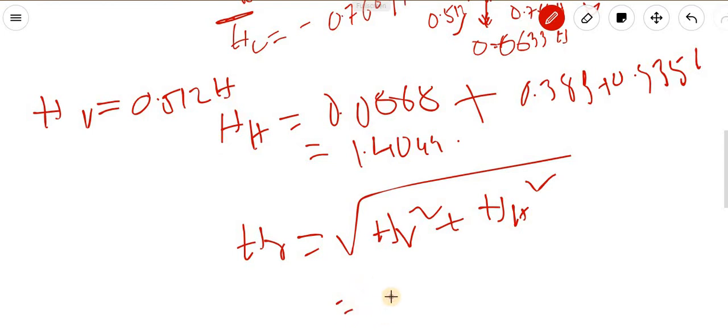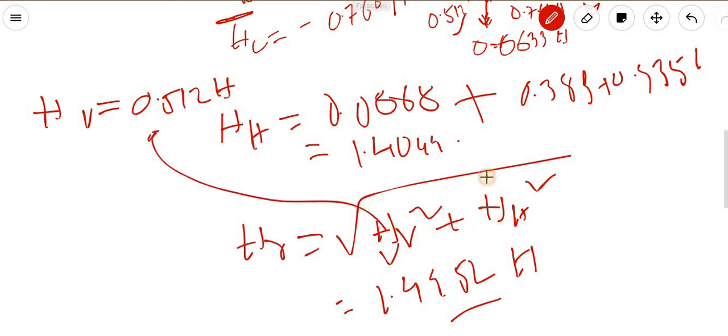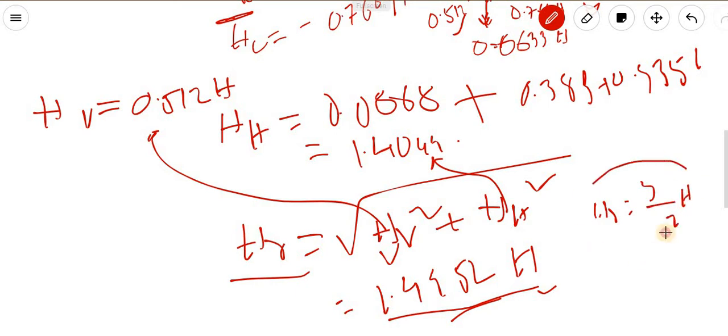Almost 1.4952 H. Okay, so the vertical component is this one and the horizontal component is this one. The final resultant will be this one. Almost, the resultant is 3/2 H.